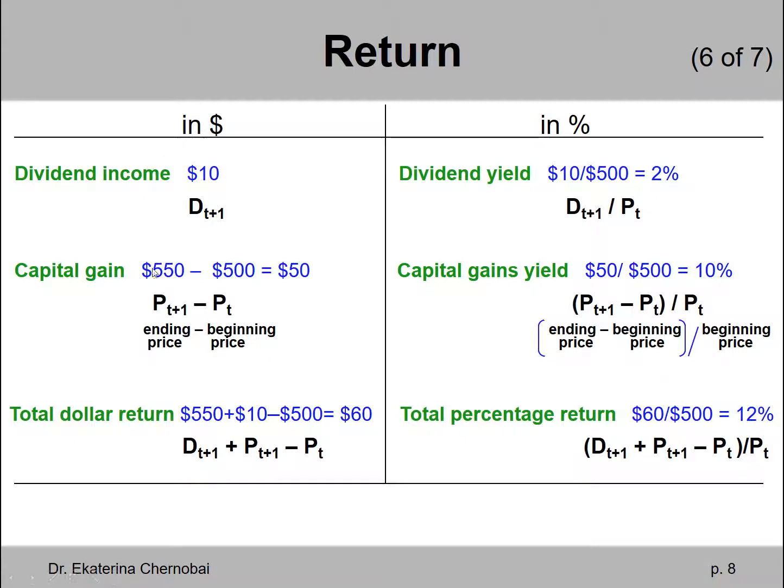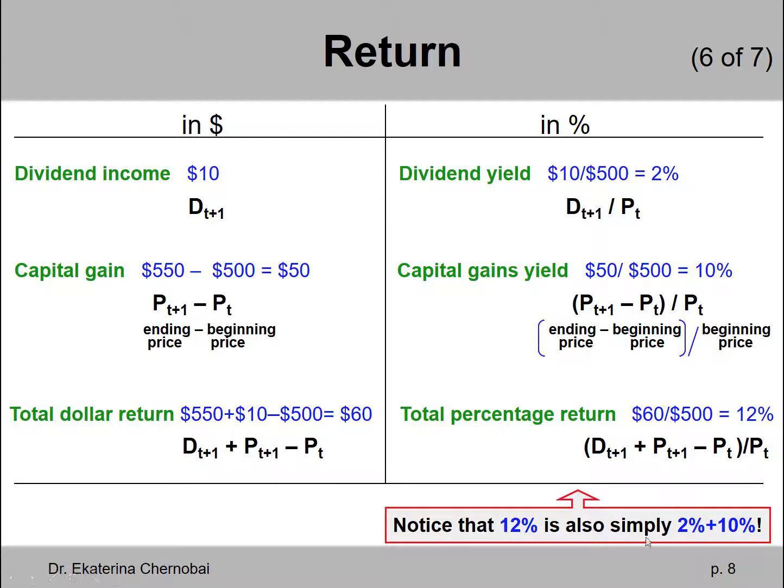If you combine the two sources of your financial gain, the dividend income and the capital gain, you get the total dollar return. So that's $10 plus additional $50 equals $60. In percentage terms, the dividend yield, 2%, plus the capital gains yield, 10%, gives the total percentage return of 12%.